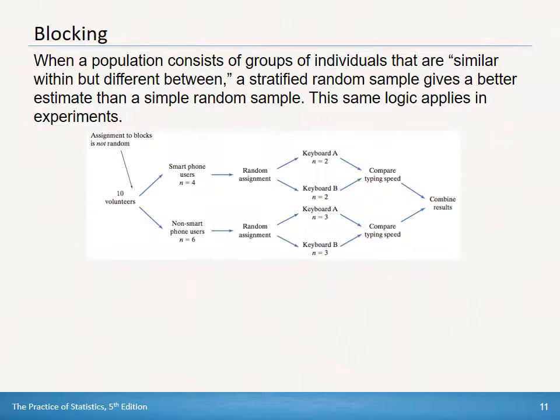So we looked at our 10 volunteers and we saw that 4 of them are smartphone users and 6 of them are not. So we took our 10 and we put the 4 that were smartphone users in one group and the 6 that were non-smartphone users in another group. Okay, so there's no randomization being done yet, except for when we, well, actually these were volunteers, so they weren't even randomly selected either. There's no random selection done so far.